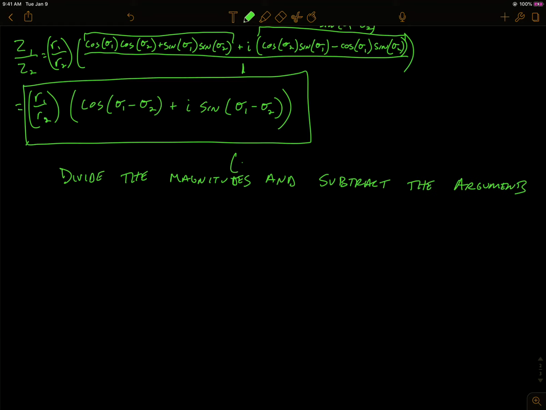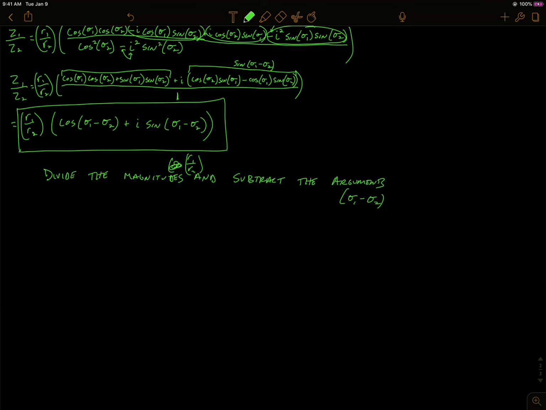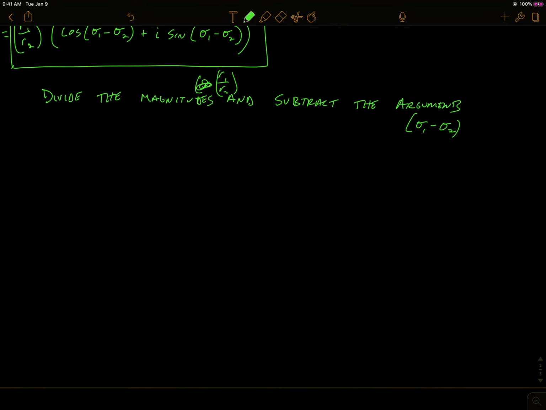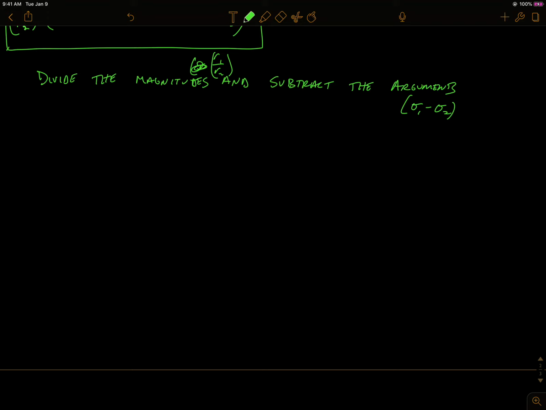Remember, the magnitudes are the r's. I'll say it this way, r1 over r2. And the arguments are the thetas, theta 1 minus theta 2. It's important to note that you got to do the theta from the numerator minus the theta from the denominator. So don't forget to do that. So let's look at an example. Example number 2.